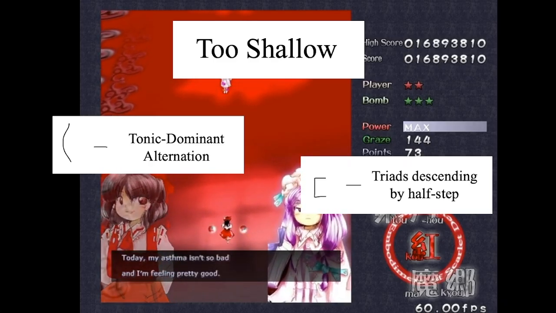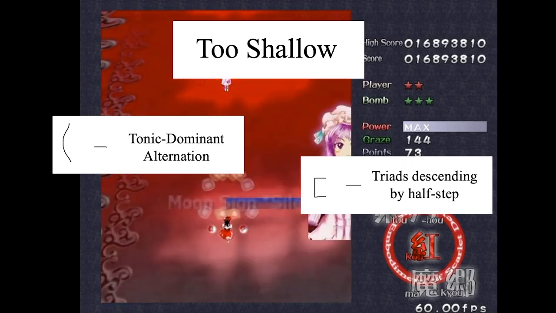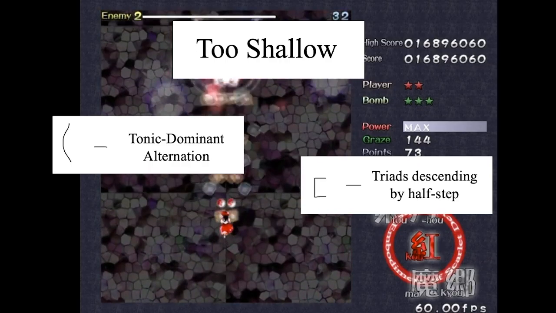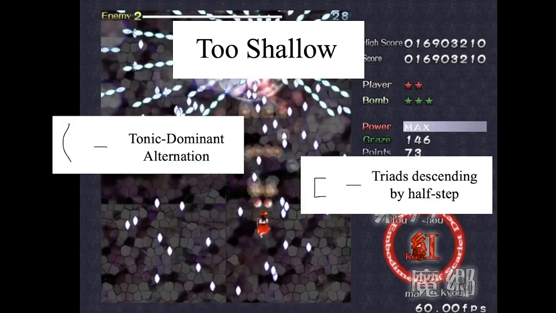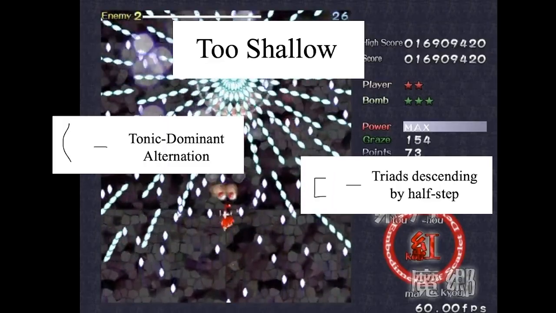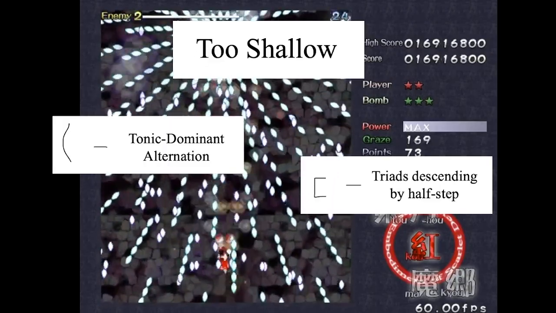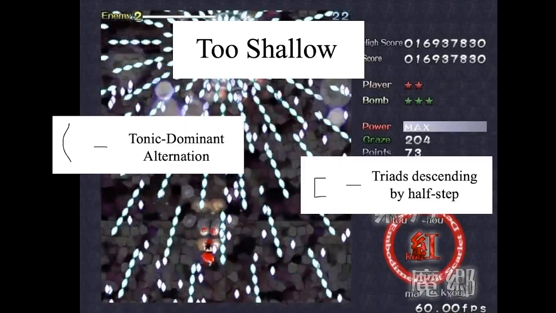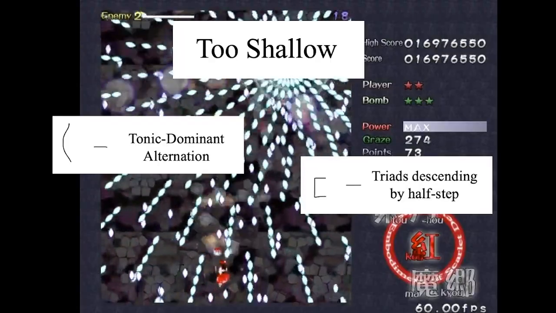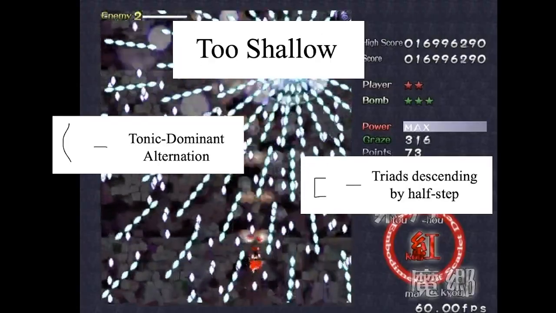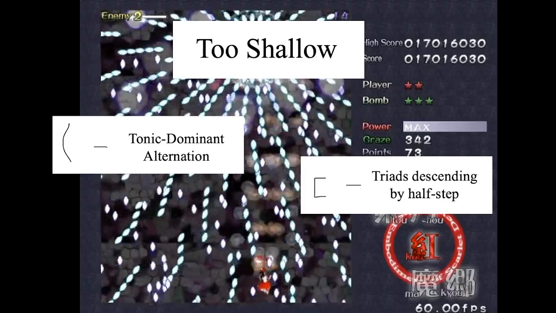And same with that descending triad section, which adds so much terror to the piece. It's creepy. It's wonderful. So I don't think you could get rid of any piece of this piece and have it improve. You wouldn't improve the piece by getting rid of anything.